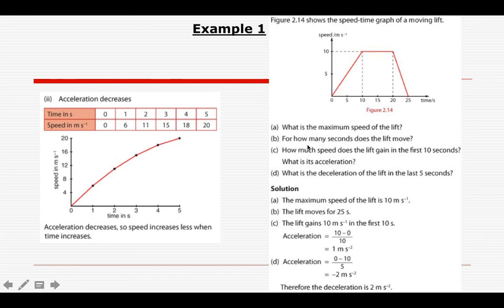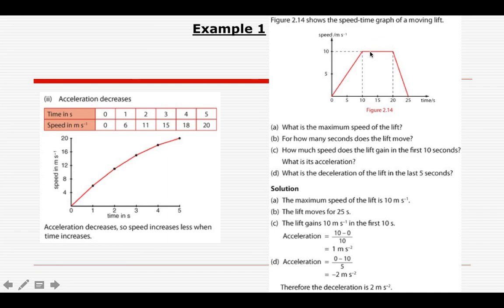Now for how many seconds did the lift move? Technically you see, from 0 to 10 the lift is moving. And then let's talk about here from 10 to 20. Although the line is parallel to the x-axis, still for each and every point it corresponds to a speed of 10 meter per second.